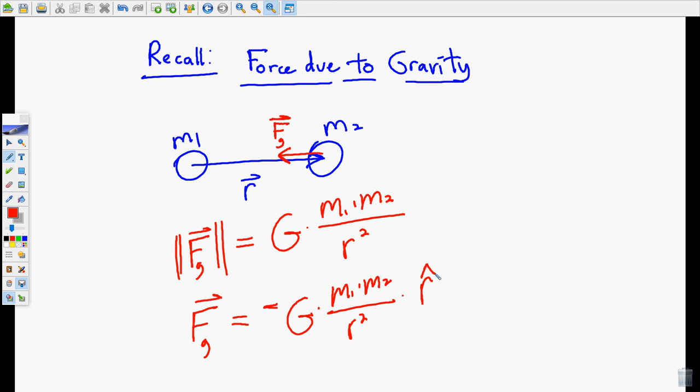Remember, unit vector r is just a little baby unit vector that's in the same direction as vector r, but it only has a magnitude of 1. All unit vectors have a magnitude of 1.